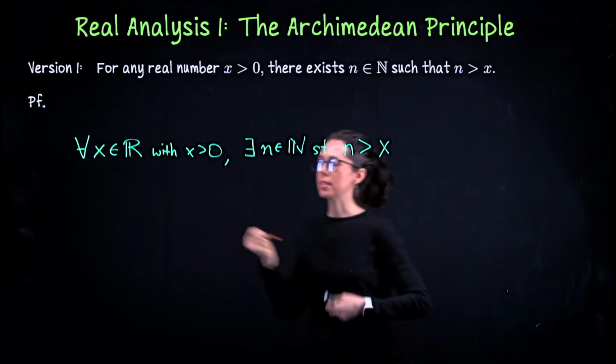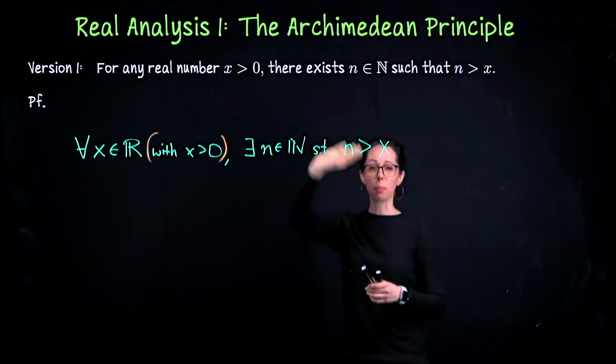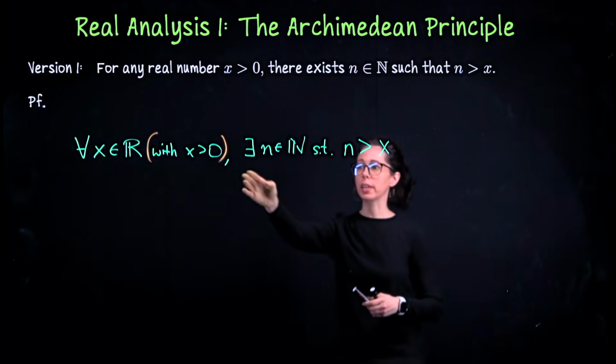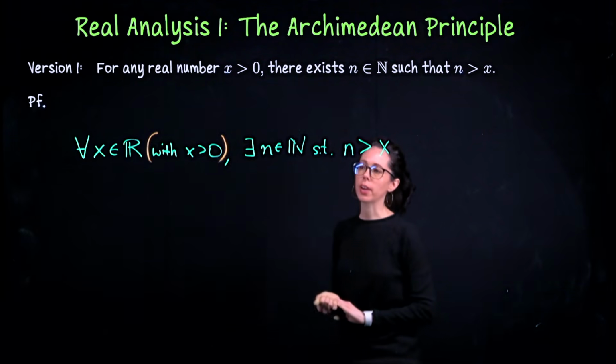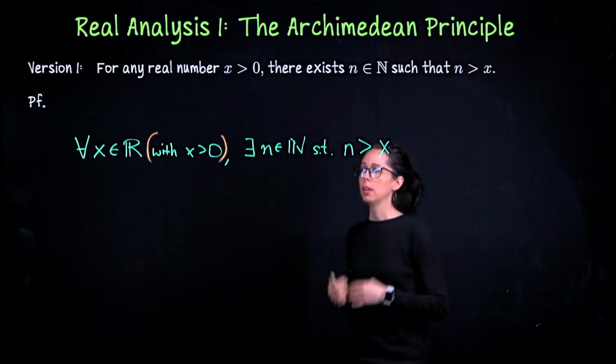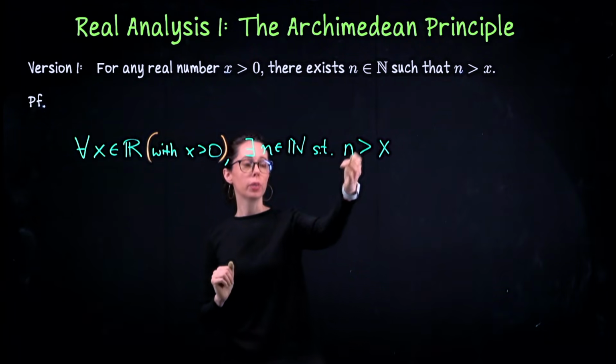That x is greater than 0 is one of those foundational hypotheses that we can put above the statement. We are not going to negate this and look at negative numbers. We're always going to assume, whether we work directly or indirectly, that x is positive. So for all positive x in the set of real numbers, there exists a natural number which is bigger than x.